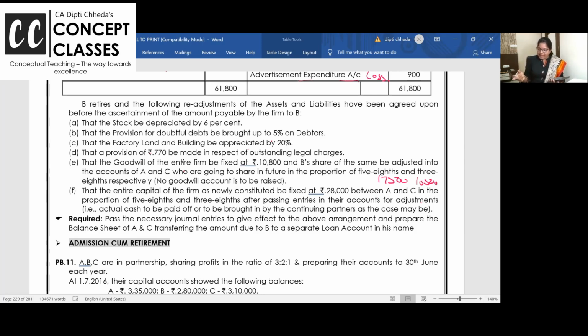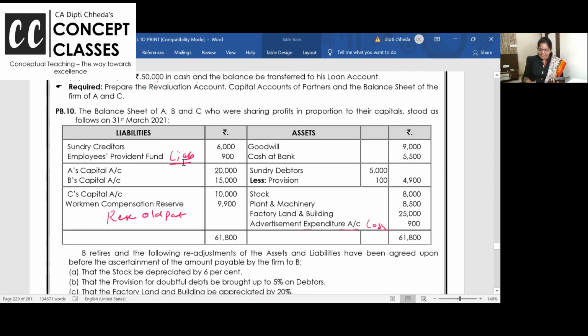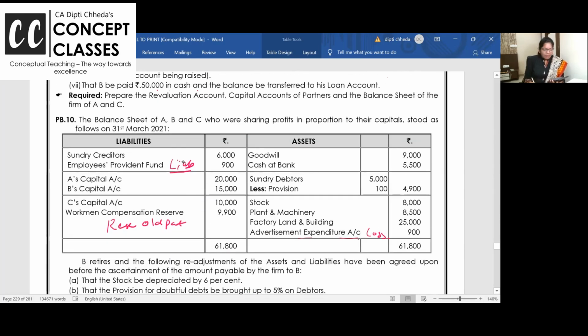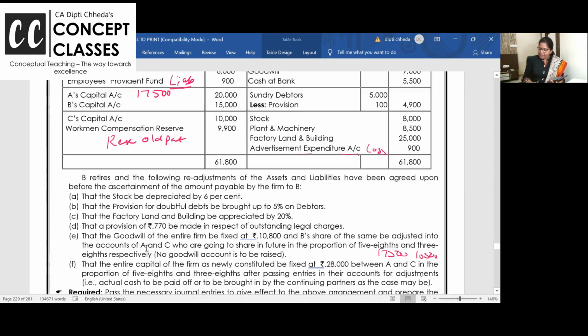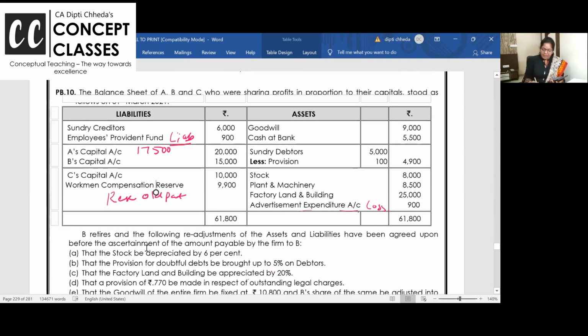Accordingly, they will get the cash. So write down. Final capital of A will come 17,500. C's capital will come 10,500. And pay B in cash and transfer the rest to his loan account.